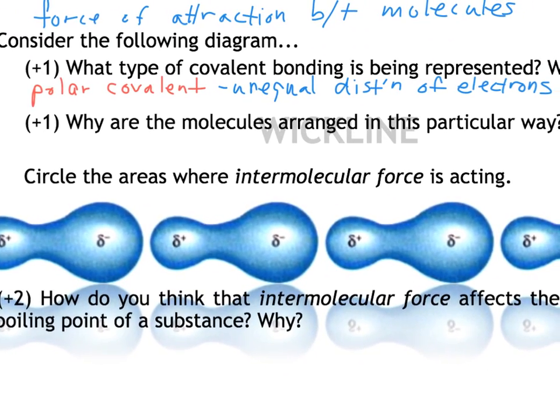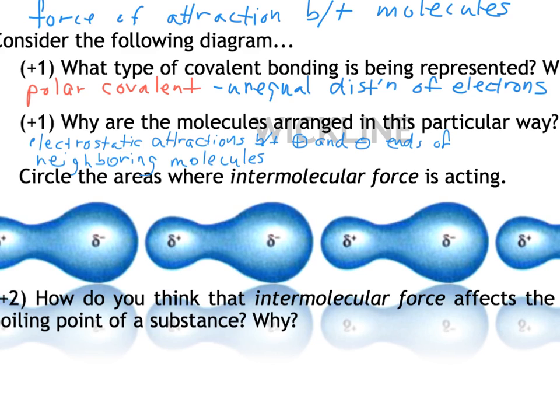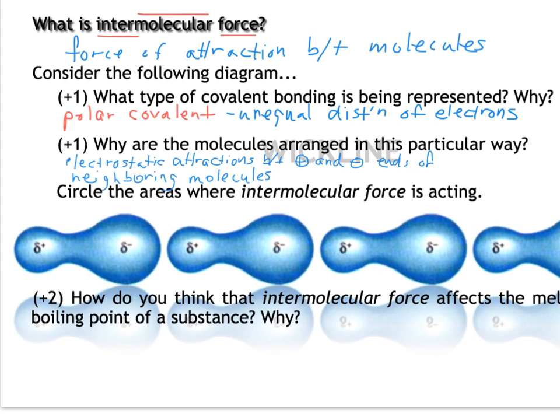The reason why that happens is because of the electrostatic attractions between positive and negative ends of neighboring molecules. So when you combine this idea of electrostatic attractions between positive and negative ends of neighboring molecules and the definition of intermolecular force itself, which is a force of attraction between molecules, then it shouldn't be so difficult to see that the area where intermolecular force is acting is here, between the, I think we could call them poles of neighboring molecules.